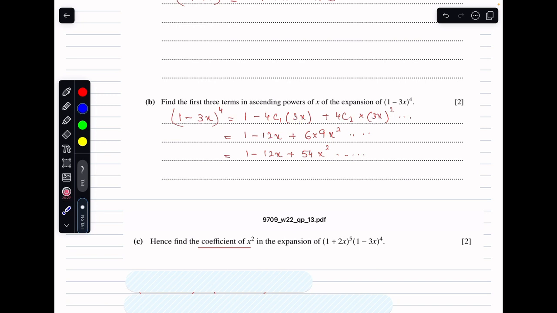So it's 1 minus 12x plus 4c2, which is 6 here, times 3 square x square, that will give me 9x square. So my final expansion for this part shall be 1 minus 12x plus 54x squared, and this is going to be the answer.